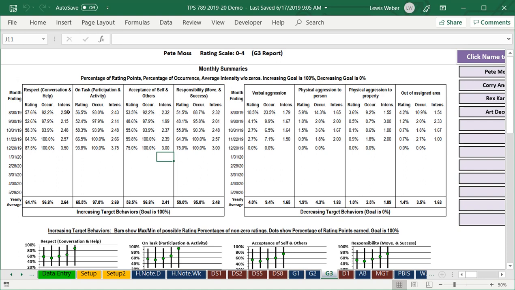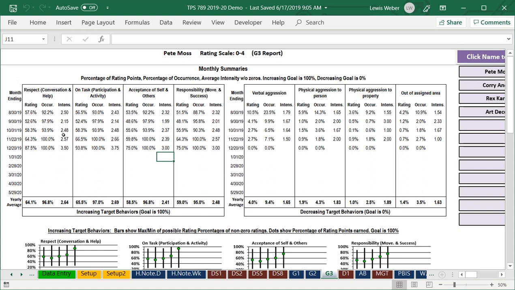So we strip out the zeros because we want to know the level of the student's performance or behavior when he's doing it, not as an overall average. So that's the important thing about intensity. It tells us the average rating without those zeros included in there. So it's, when the student is doing it, how intense or at what level is the student doing it.